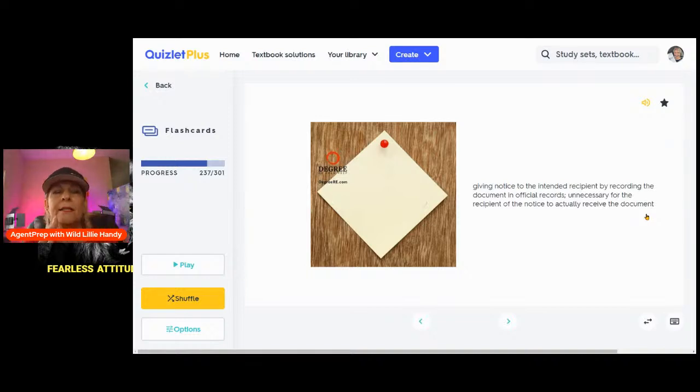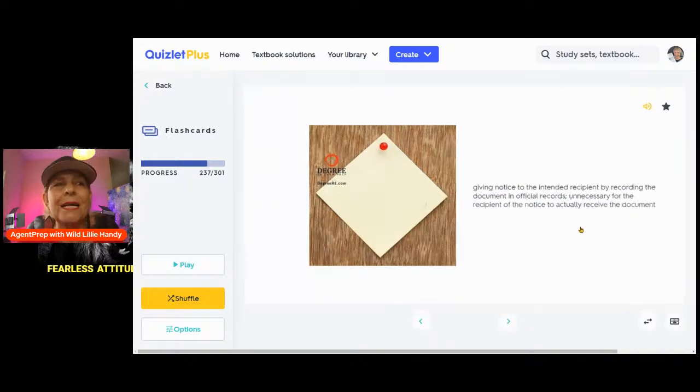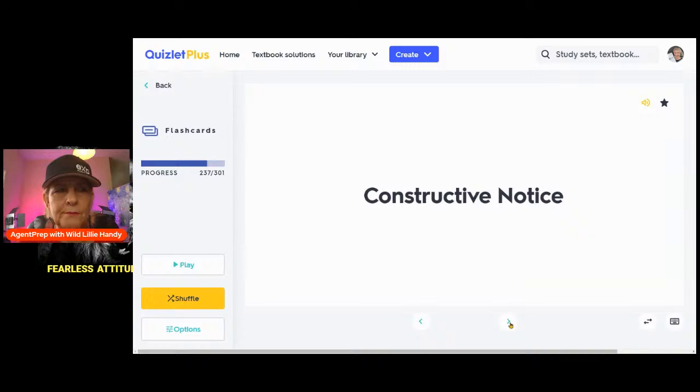Constructive notice, it's being recorded so everyone knows. Actual notice is the individual was informed and they are aware of it. But in this case, the recipient does not have to receive the document. That is constructive notice.